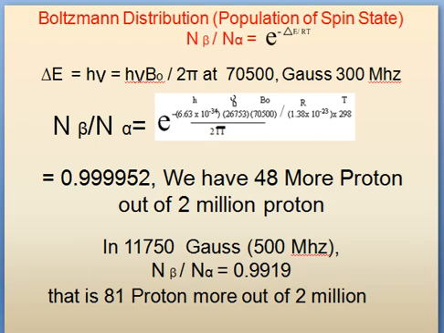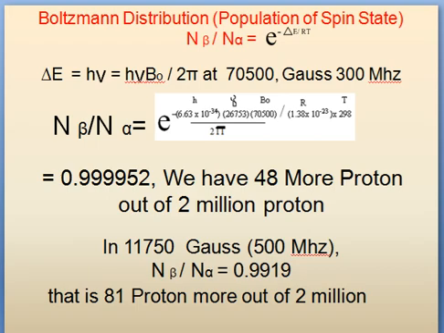Delta E means the energy difference between the two states, and R and T are constants, at a constant room temperature of 25 degrees. Delta E equals h nu, that is h gamma B0 by 2 pi. At 300 megahertz, the field is 70500 Gauss.